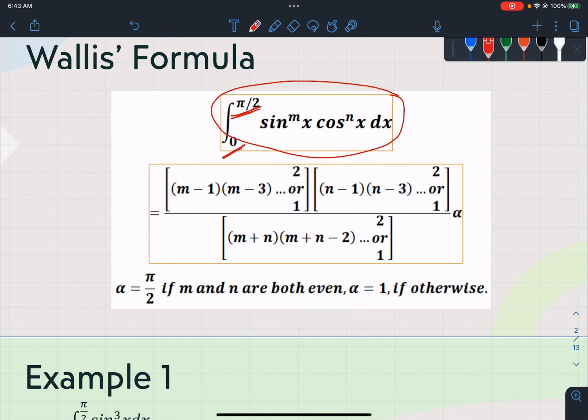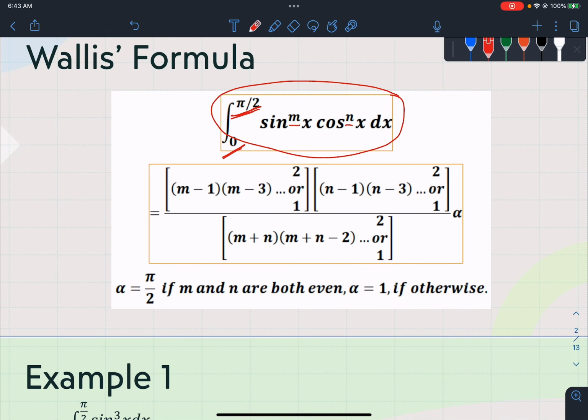For the Wallis formula, this is how we use the formula. We just take the product of the exponents involved. Here, m corresponds to the exponent for sine, and the power for the cosine is n.